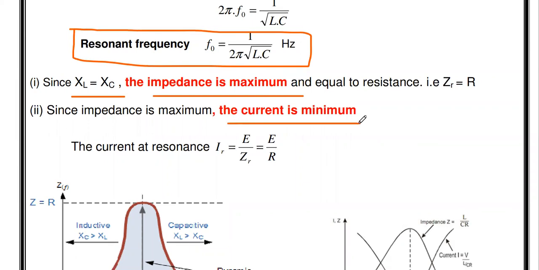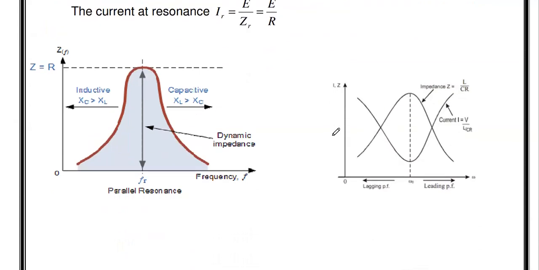The current is minimum, since impedance is maximum. What is meant by current? The current is nothing but the applied voltage divided by the impedance. So here the impedance is maximum, so the current flowing through the parallel RLC circuit at resonance is minimum. This is the graphical representation of the impedance versus frequency as well as the current versus frequency.